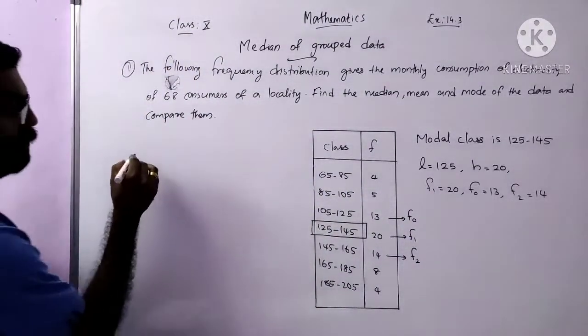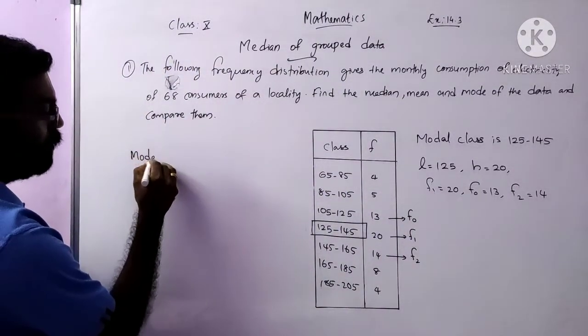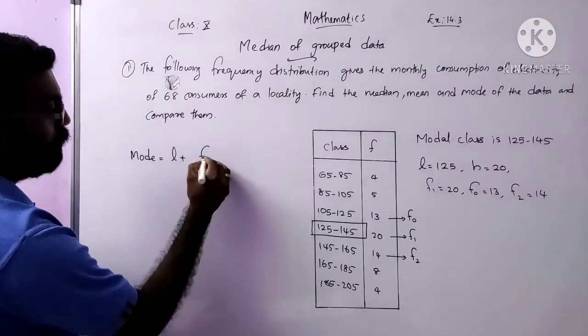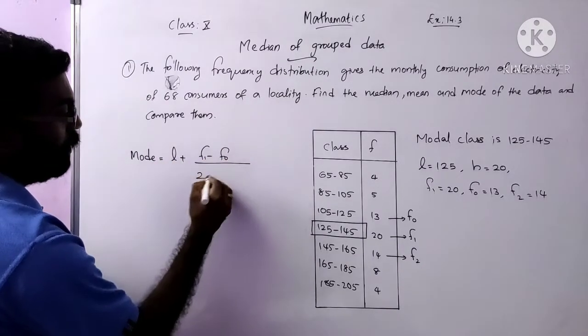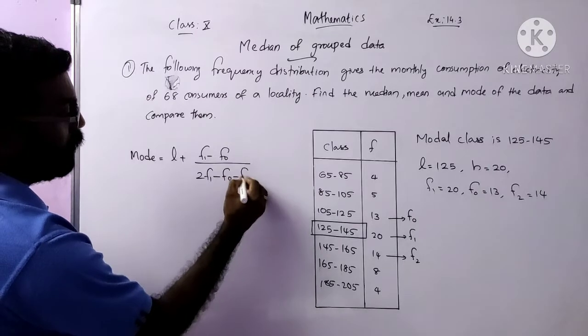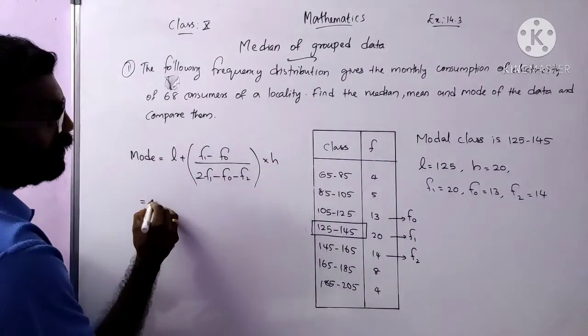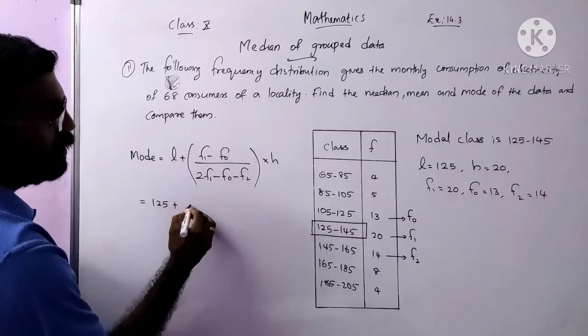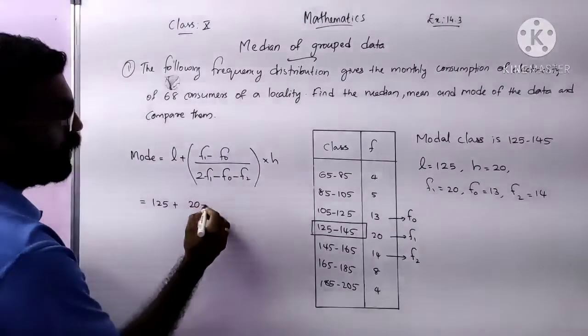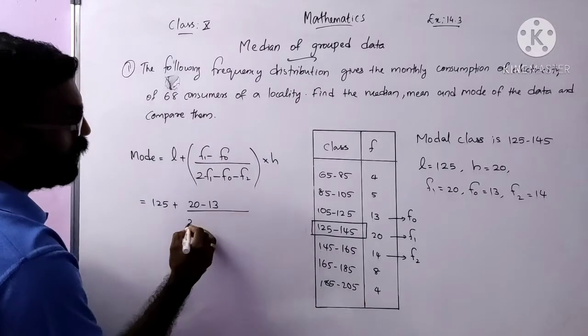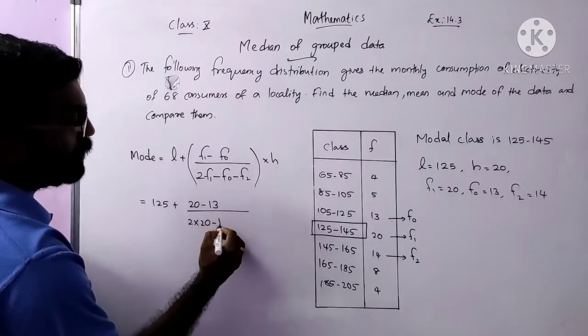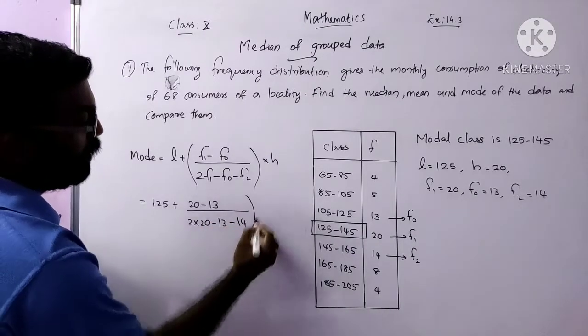Now we can put it in the formula. Mode is equal to L plus (f1 minus f0) divided by (2f1 minus f0 minus f2) into h. So here 125 plus (20 minus 13) divided by (2 into 20 minus 13 minus 14) into 20.